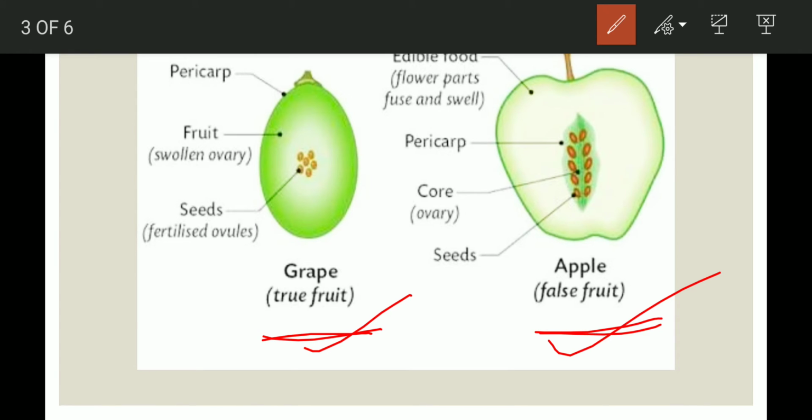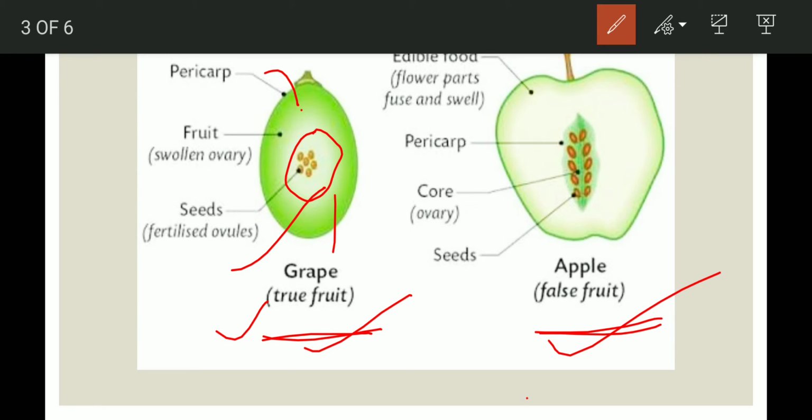True fruit is the fruit which develops from the ovary wall or ovary. As an example, grape. This is the fruit of grape. This outer layer is known as pericarp, and this fruit is a swollen ovary, and inside the fruit you have seen seeds which develop into the plant later on.